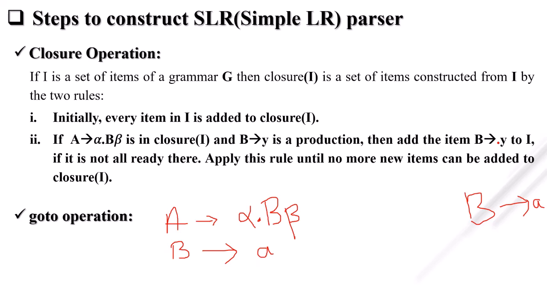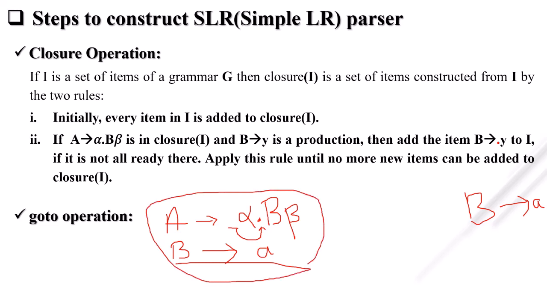Okay, when I shift the dot from here to here, then I check while shifting this dot if there is any non-terminal on the right hand side. If there is, then we have to write the production of that non-terminal below. Okay, I will also explain this in the example. You may be getting confused understanding this, but when you understand the example, you will definitely be clear on these two points.